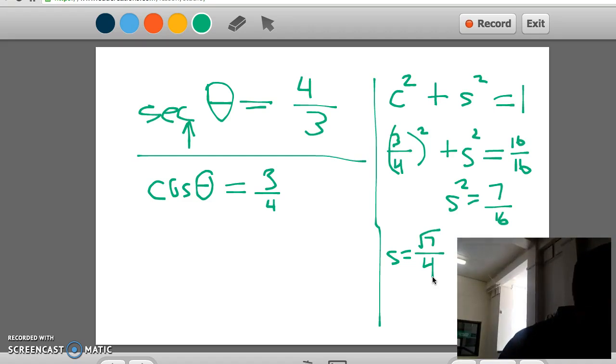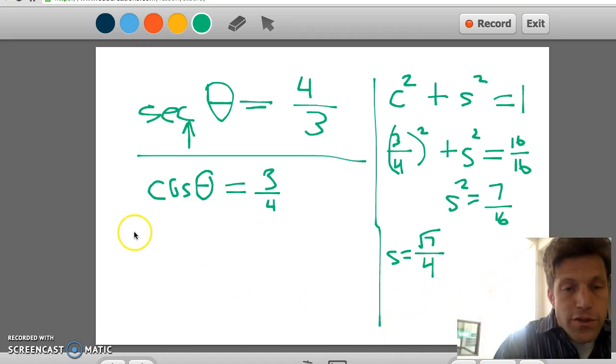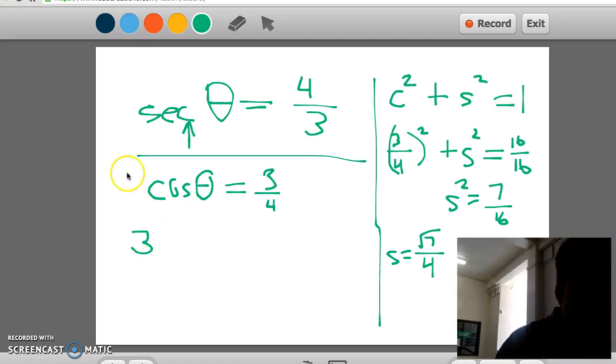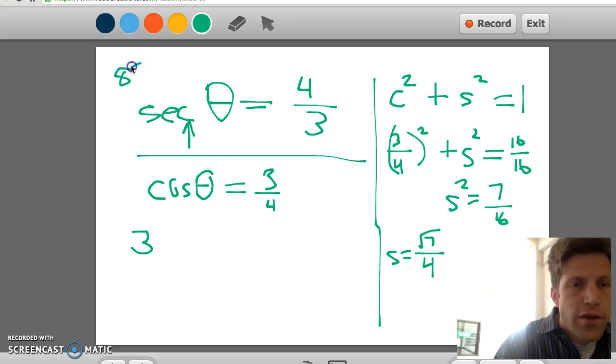However, I have to add in that the problem gives me a domain. The domain it gives me is 3π/2. And by the way, this is number 5 on page 852. Page 852, number 5.